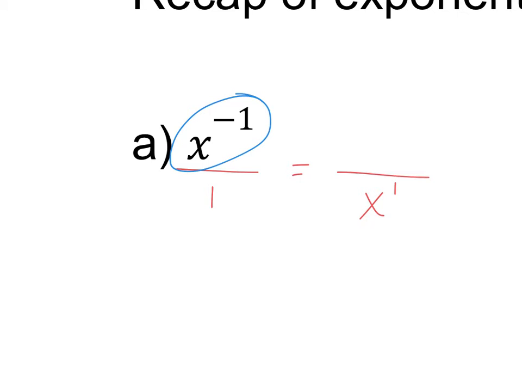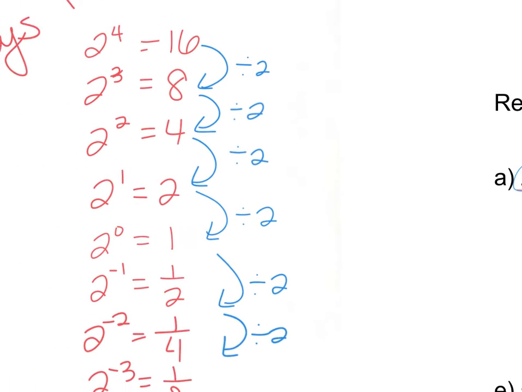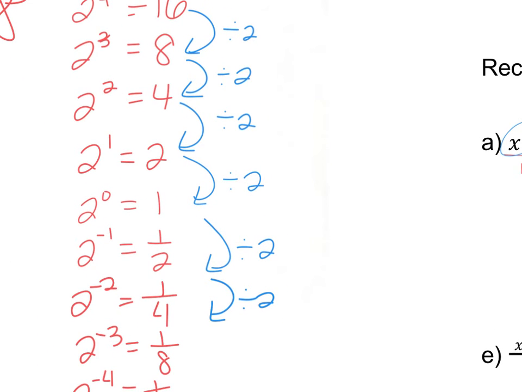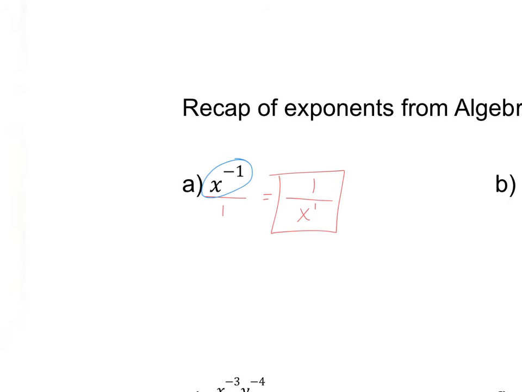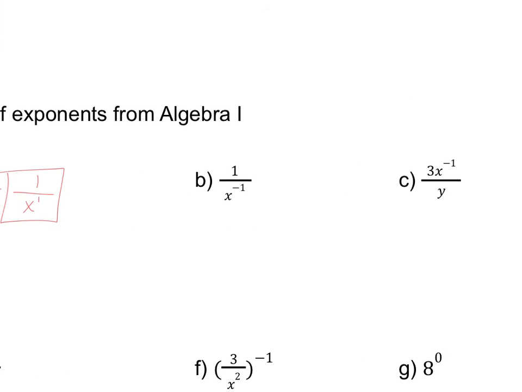I always say flip it over the line, get rid of the negative sign. There's nothing on top, so what do you put? You put a 1. Just like 2 to the negative 1 power is 1/2, x to the negative 1 power is 1 over x to the first, or you could just say 1 over x. Okay, let's do another one.